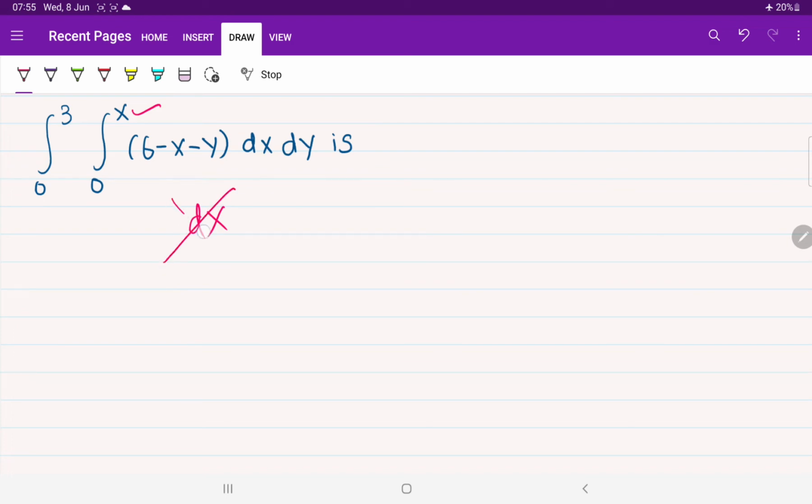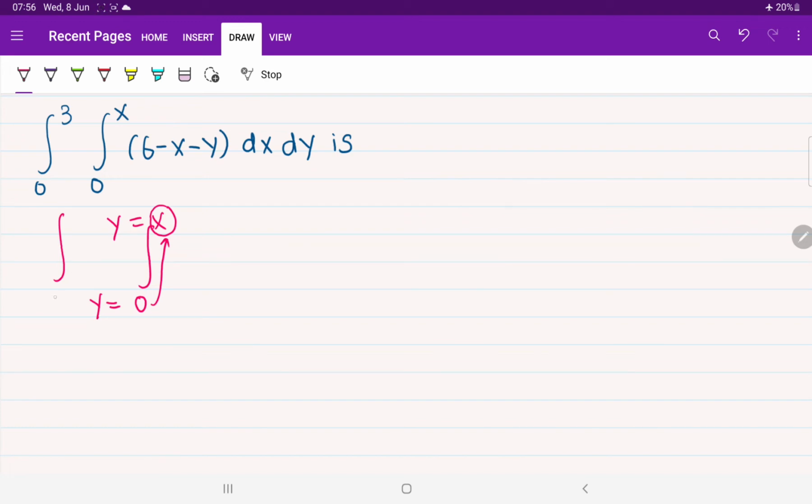No sir, your answer is wrong. Why is it wrong? Because the actual meaning of the limit, if it is defined as 0 to x, is that the value of y is approaching from 0 to x. And by default, another limit you can take. If your limit is defined in terms of x, it means y is varying its limit from 0 to x.